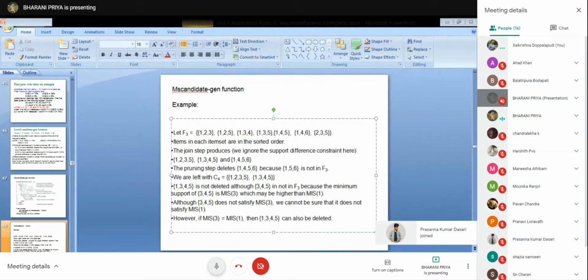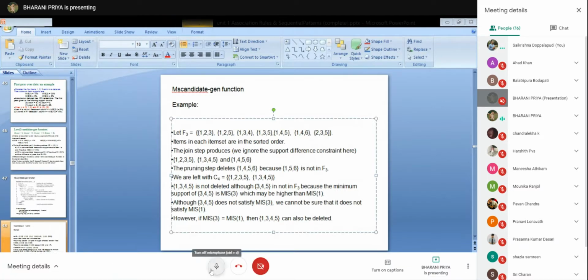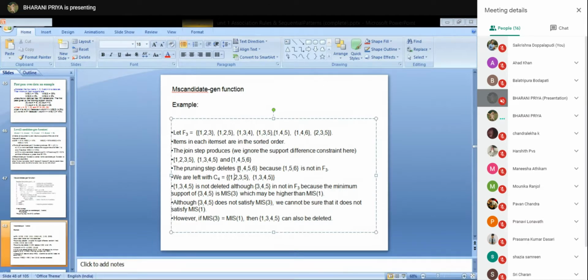There is another rule when pruning in the MS Apriori algorithm: if the first element of the candidate is equal to the first element of the frequent items, then you can delete it. Otherwise, you cannot delete. See, in this case, 1, 4, 5, 6: 1, 5, 6 is not there in F3.